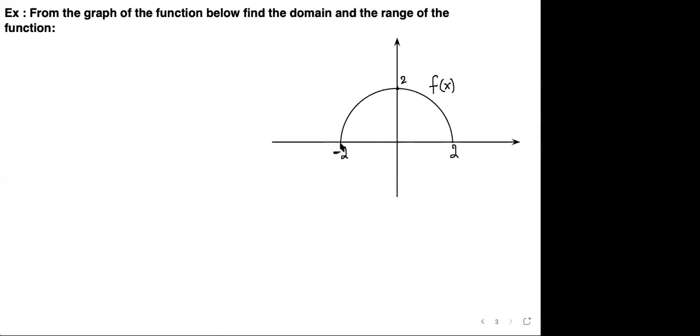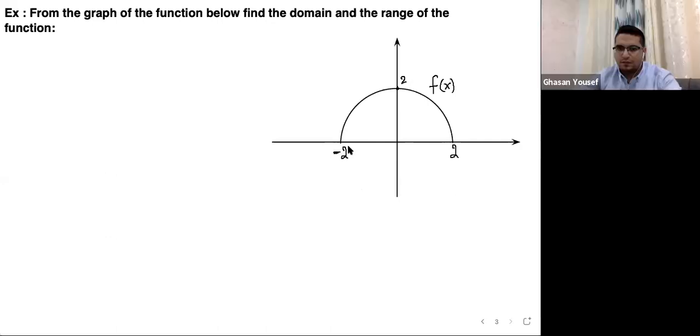Wouldn't we use the values of -2 and 2 on the x-axis? Yes, this is correct. But open interval or closed interval? Are -2 and 2 included in the domain? This point and this point are included.